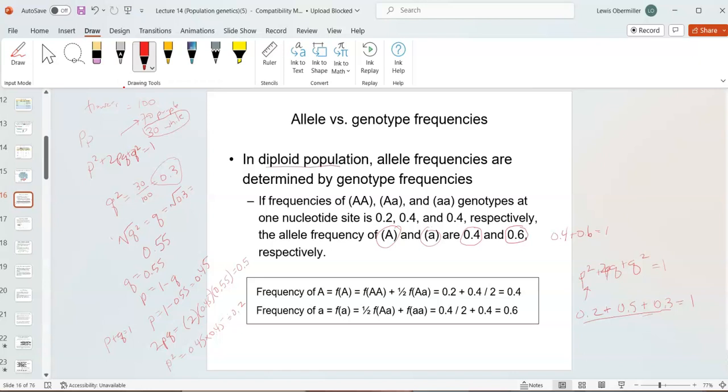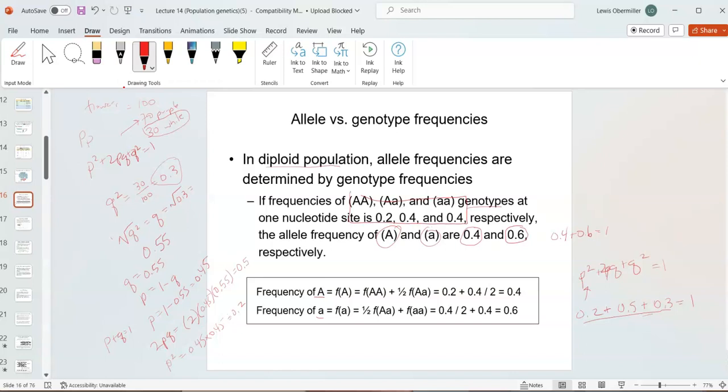In a diploid population, the allele frequencies are determined by the genotype frequencies, right? So if you're given this data set, how do you determine the frequency of big A and the frequency of little a from these genotypes? It's pretty straightforward.